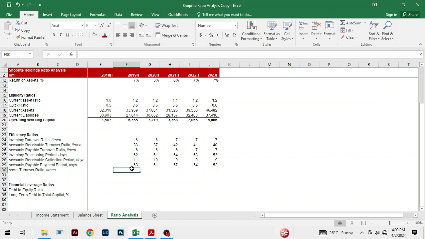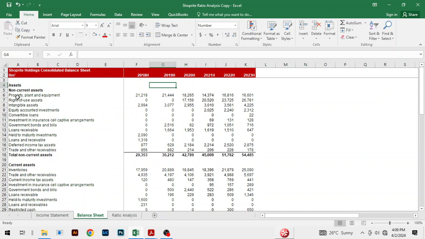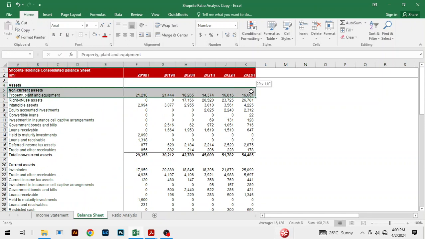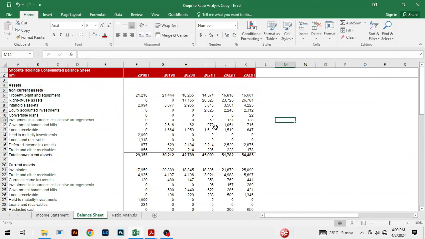Now let's compute the asset turnover ratio. So here we are just trying to see how efficiently management is using the assets of the company to generate revenue. Because we believe that if we go to the balance sheet, the major asset there is property, plant, and equipment.